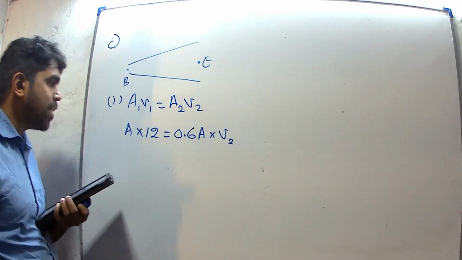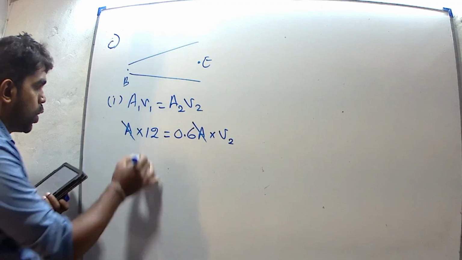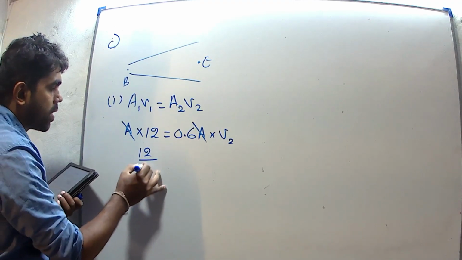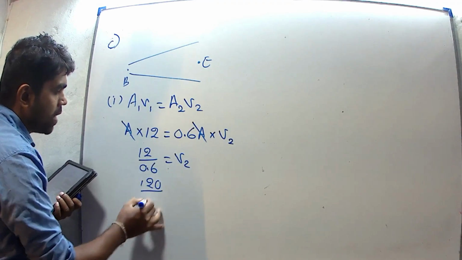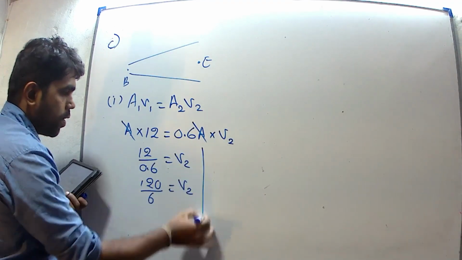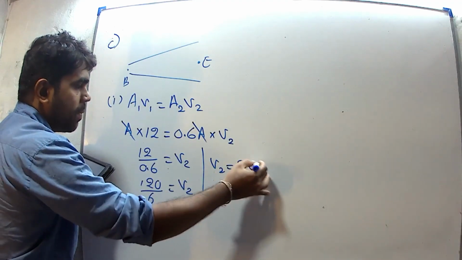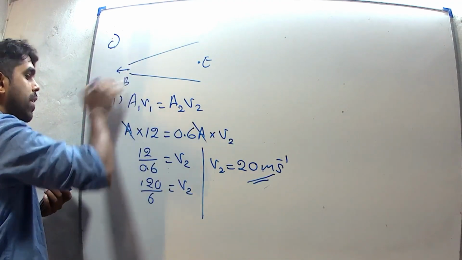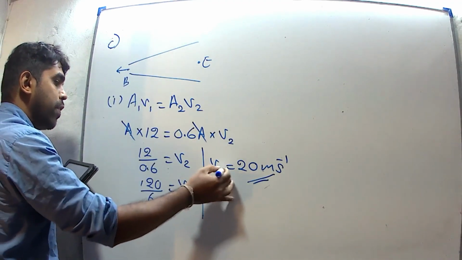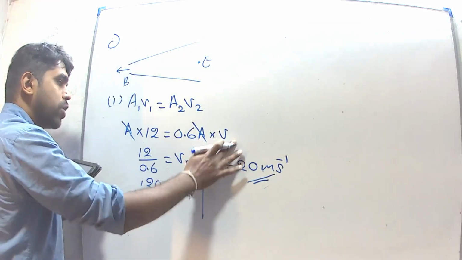I will consider it as V2. We can cancel out the A term, 12 divided by 0.6. 120 divided by 6. V2 is 20 meters per second. This is the velocity at this space. They have given it as Vb. Then I will use Vb for the velocity.